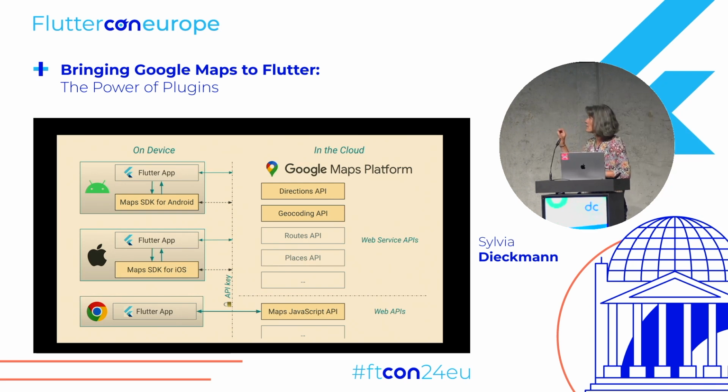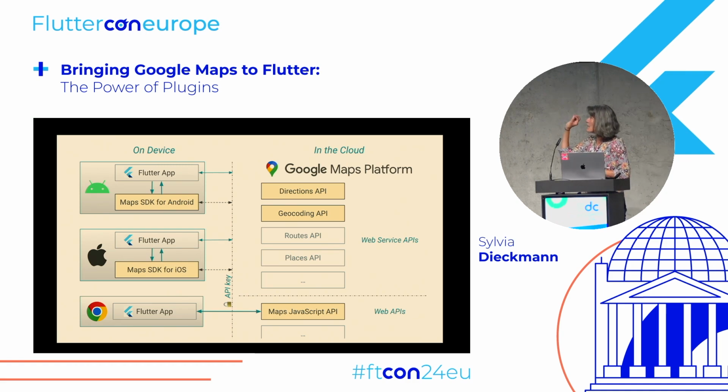The preferred ones are the native Maps SDKs, and they're available for Android and iOS. For the web, there is no native SDK, but there is a Maps JavaScript API that fulfills a similar role. And in addition to that, there are a ton of different APIs. I think there are about 23 or so, and they do all kinds of different things. Pollen count, tiles, 3D animation, whatever.